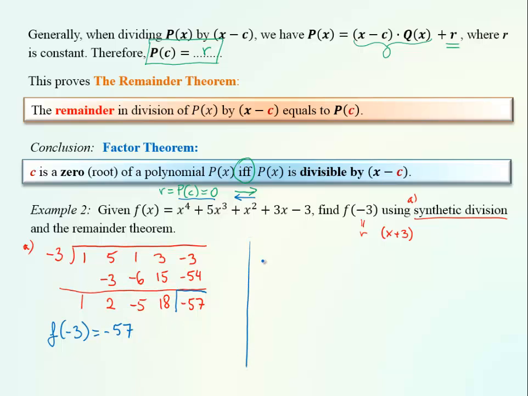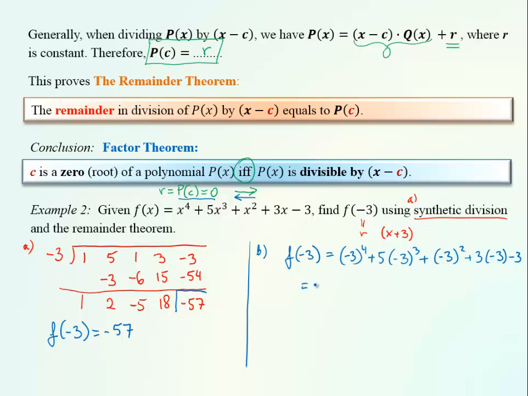Okay, we could also find f of -3 in a different way. For example, just evaluate f of -3. That means plug in -3 into the polynomial and see how much that is. And we will see that this becomes exactly the same. +3 times -3 minus 3.